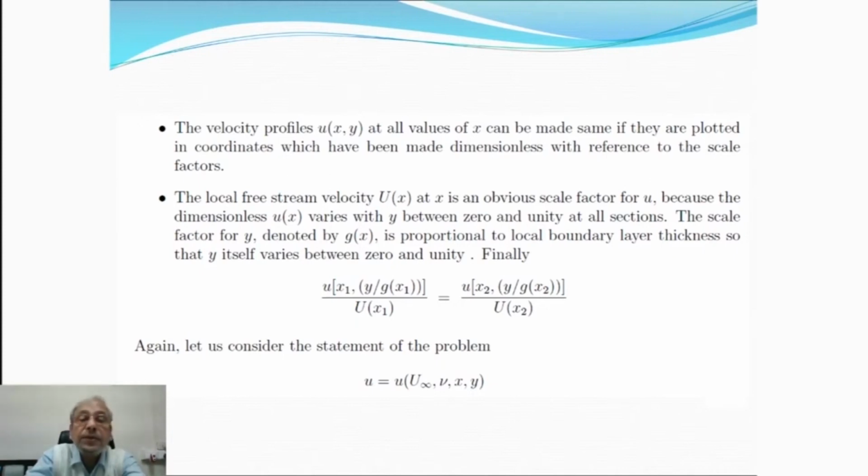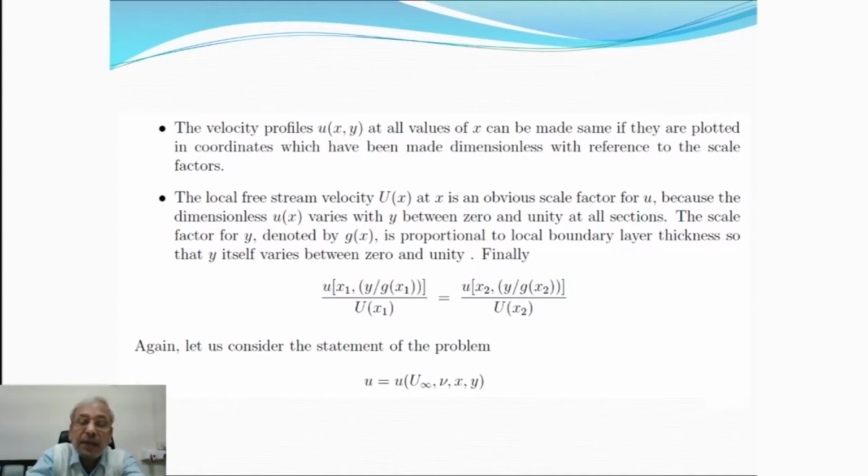The local free stream velocity u(x) we have written, which in general for a flat plate is u∞, but if it is a surface with a different shape, that means the surface has a curvature, then the free stream will not be u∞ at every x.